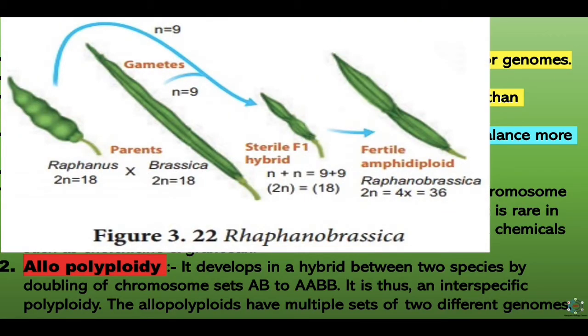Now, in this picture, you can see a classic example of an allopolyploid, a new plant species, Raphanobrassica, which was produced by the Russian geneticist G.D. Karpechenko in 1927. He crossed two plants of different genera, the radish, Raphanus sativus, and the cabbage, Brassica oleracea, each of which has 9 pairs of chromosomes, that means 18 chromosomes.